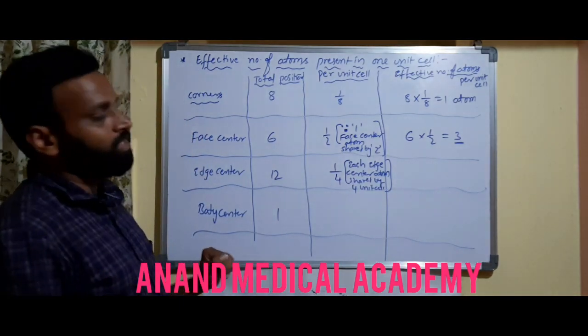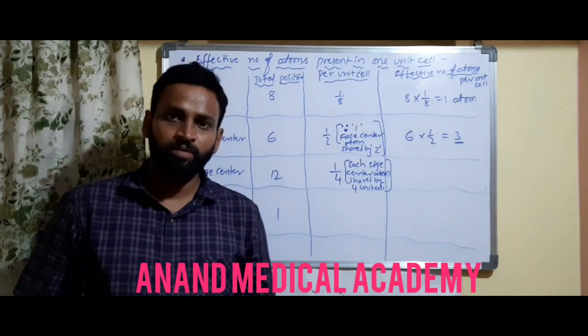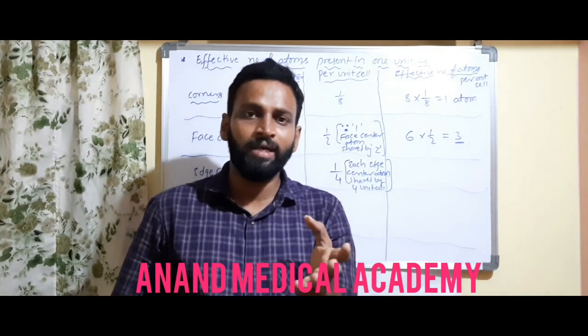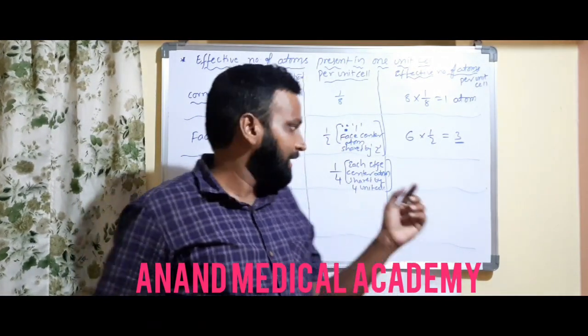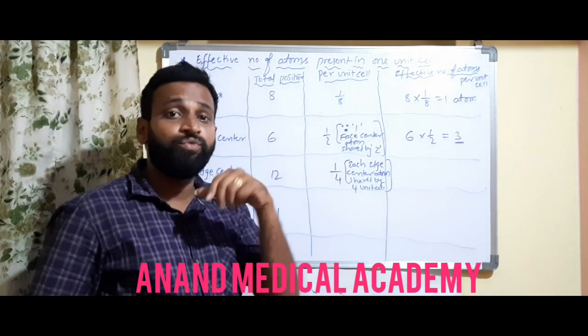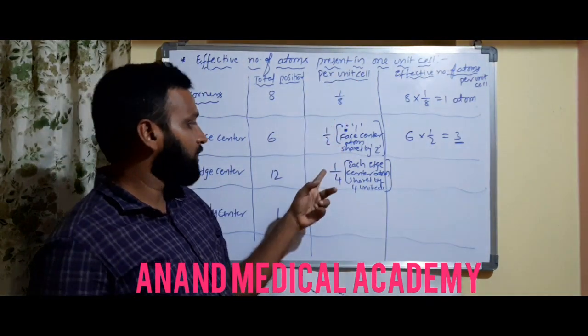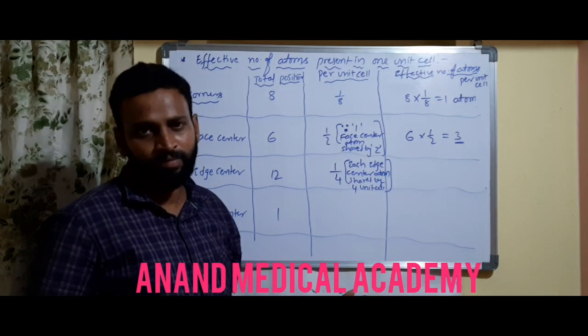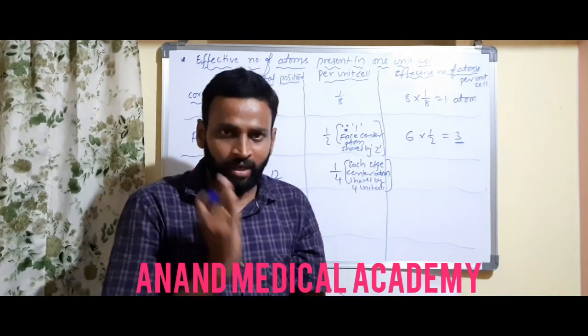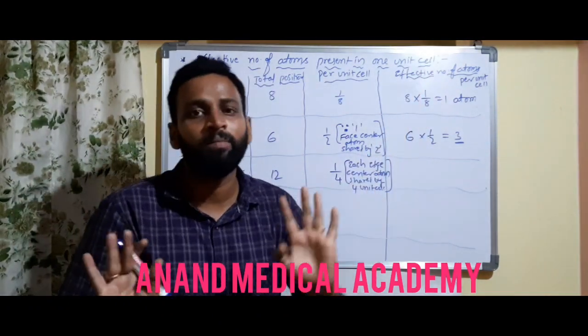So per unit cell, what is the contribution? 1 by 4. One business shared by 4 persons means one person has what partnership? 1/4. Like that, an edge center atom is shared by 4 unit cells, which means per unit cell the contribution is 1 by 4. By considering total contributions, we get the effective number of atoms.